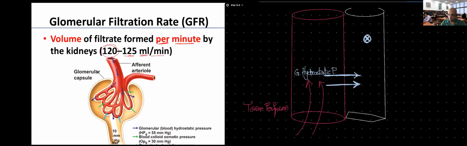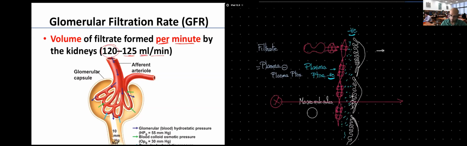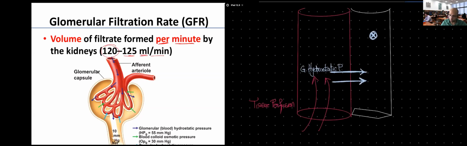What is the name of the fluid that you have in the Bowman's capsule? Can you remind me? The one that was able to move from the blood to the Bowman's capsule. This is what we call, again, filtrate. So do I have fluid in the Bowman's capsule on here? Yes, it's called filtrate.